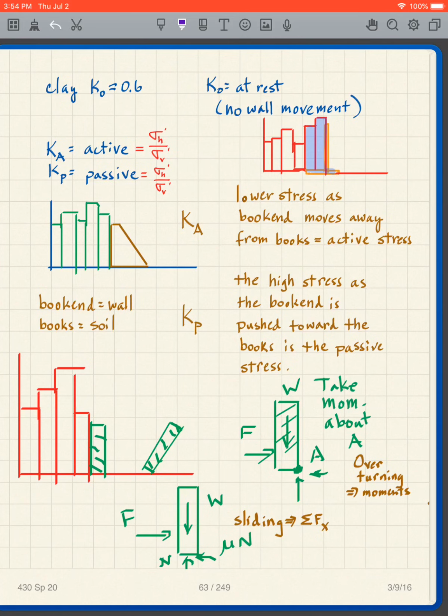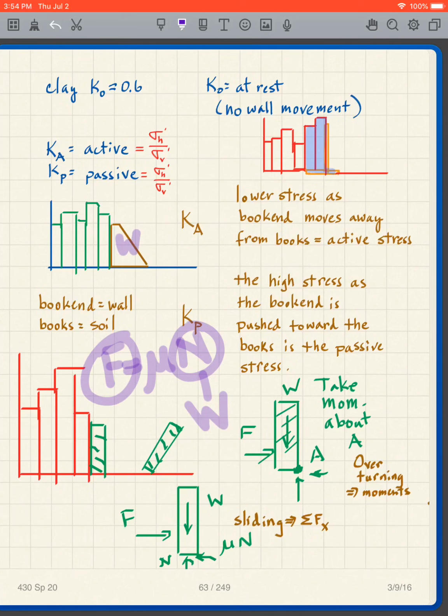We know that for friction, F equals mu times N, and the N is what? N is the weight of the bookend. So this weight has got to be heavy because we have to generate a large F. And so that has to be heavy.